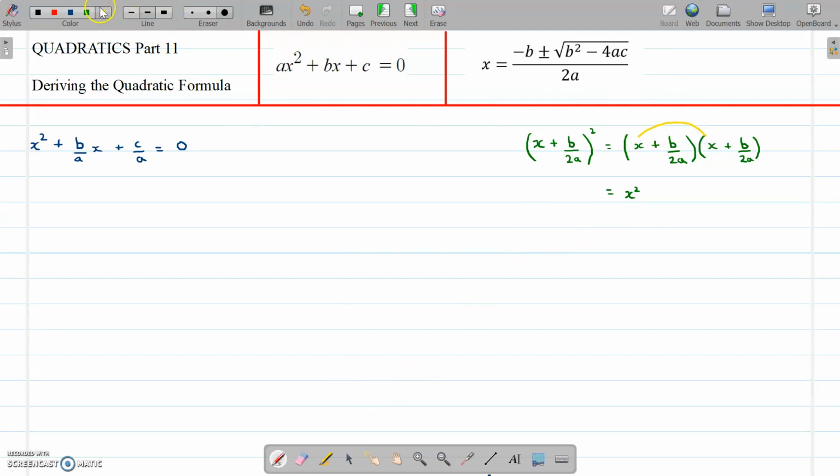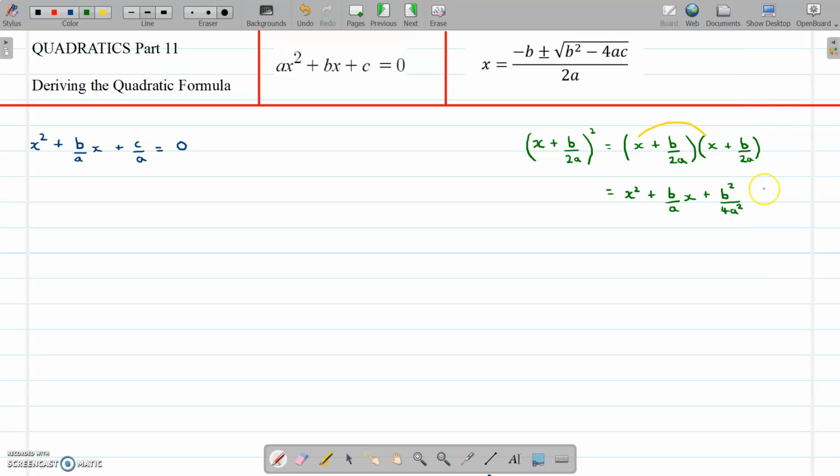Then I've got my inner and outer terms, which are going to give me b over 2ax, b over 2ax, which is 2b over 2ax, which simplifies to b over ax, because the 2's cancel, plus my last terms, which are going to give me b over 2a times b over 2a, which is b squared over 2a times 2a, which is 4a squared.